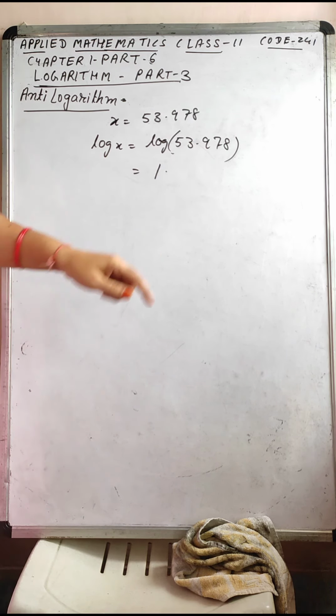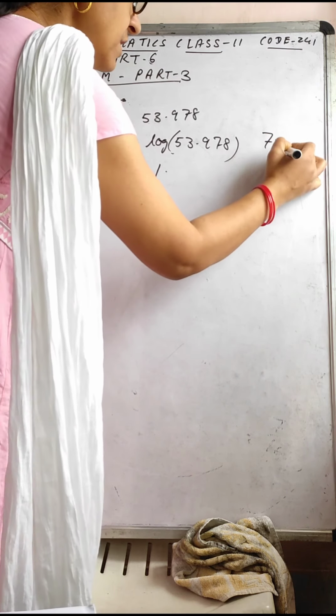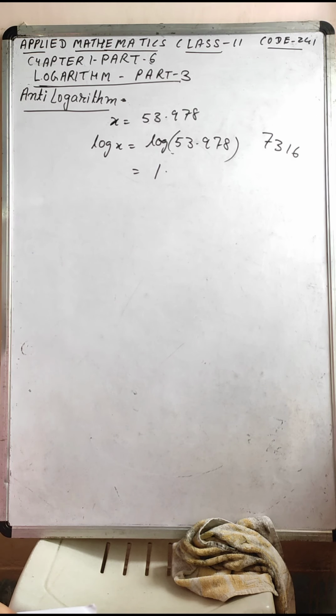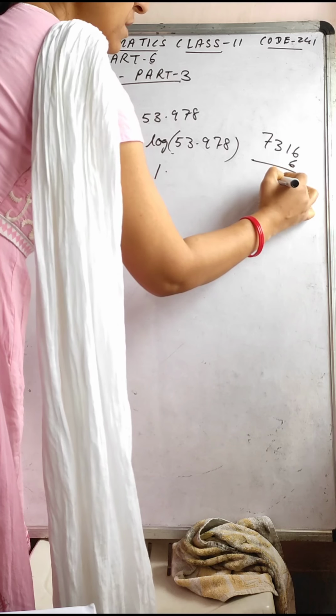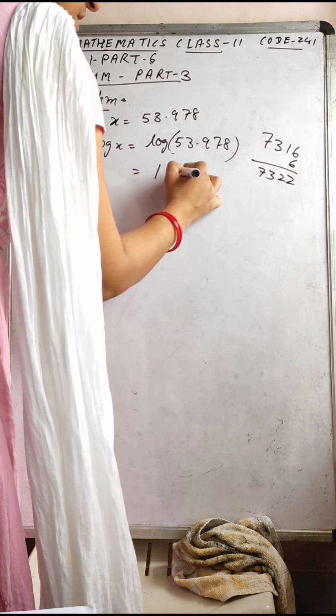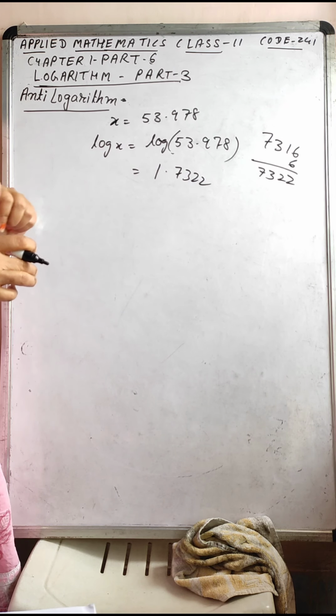Let us see, 53 under the column 9 is 7316, and the difference we have to see is 7. It is 6, so I'll be adding it. So this is 7322. So log of x equals 1.7322.